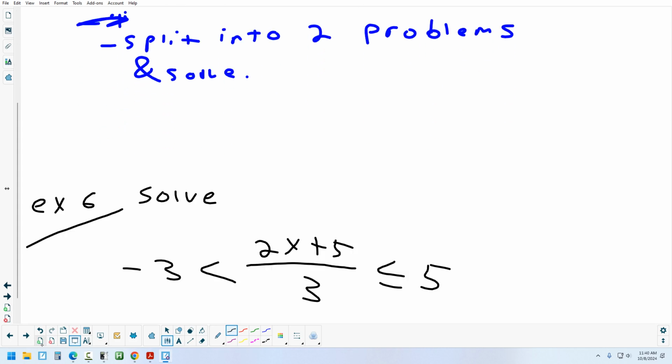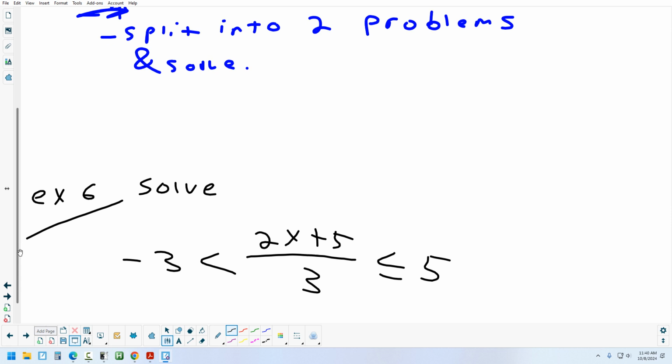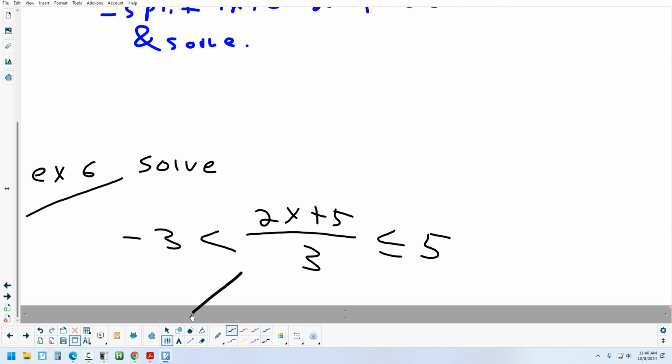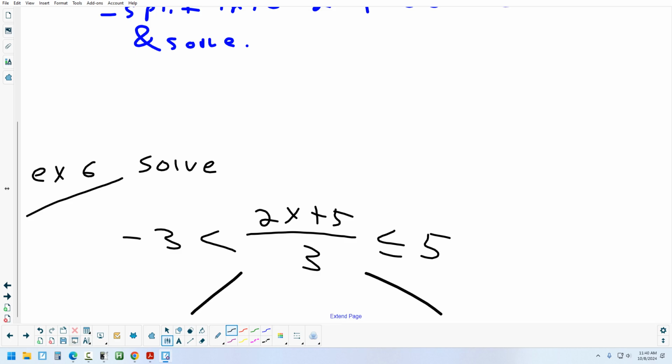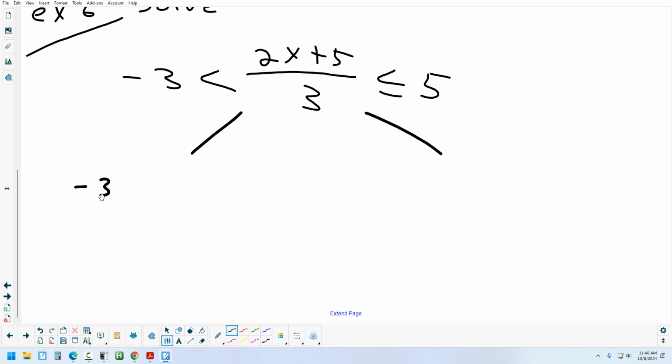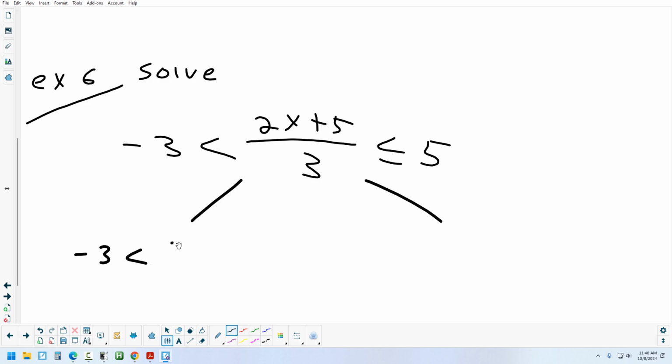Okay, so let's try this one. Split that into two problems. Anybody think they can give me the first problem that it's going to split into? Yeah. Negative 3 is less than 2x plus 5.